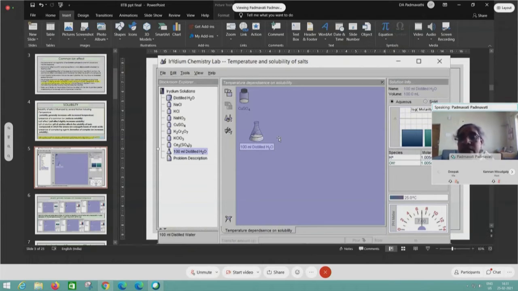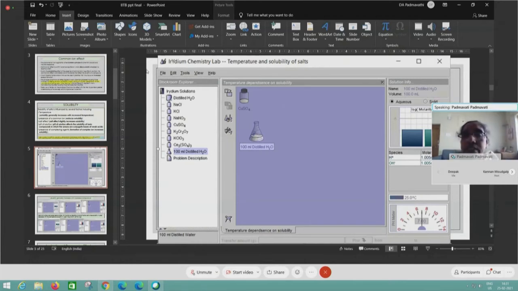Right now I'm just telling you about the solubility of the salt. When you add this, we can see whether it is exothermic or endothermic, whether heat is released or absorbed, which can be obtained from the increase or decrease in temperature seen here.